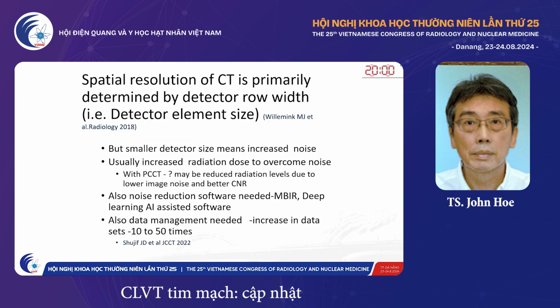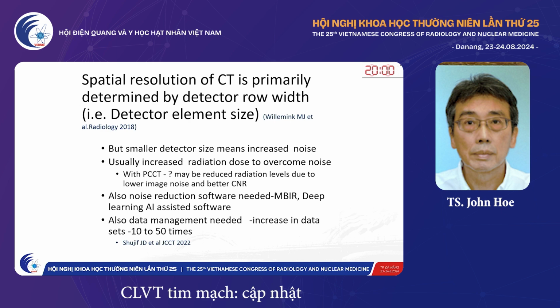So what it means is that, again, I repeat, spatial resolution of CT is primarily determined by the detector row width. But smaller detector rows, detector size means increased noise and usually increased radiation dose to overcome the noise.